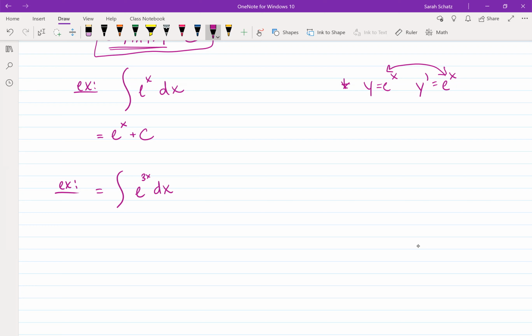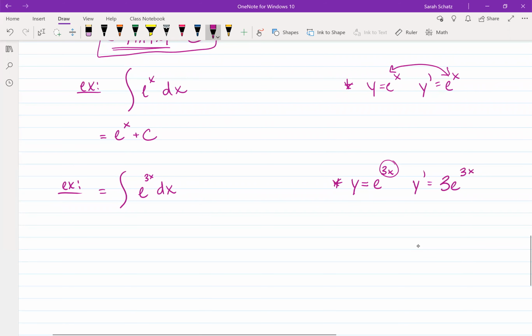When you see e to the 3x, what do you want to do? You want to bring that 3 down, right? You want to call this 3e to the 3x because that's what happens when you take the derivative. And I'll even write that over here because it'll help us figure out what we're going to do. If you started with e to the 3x and you took the derivative, using some chain rule and what we know about exponentials, you would end up getting an answer of 3e to the 3x.